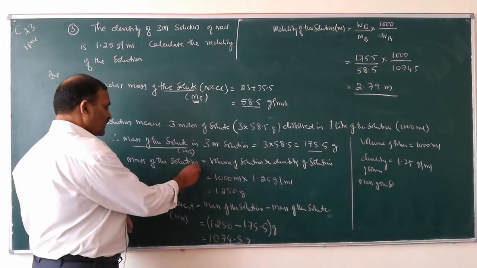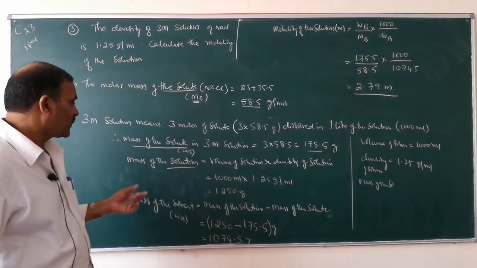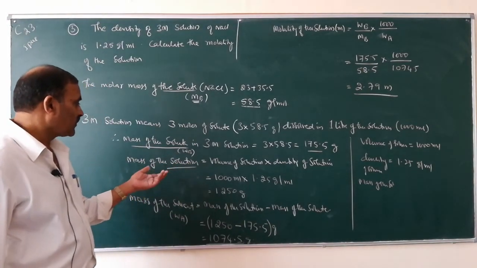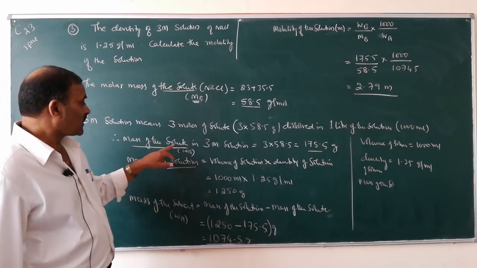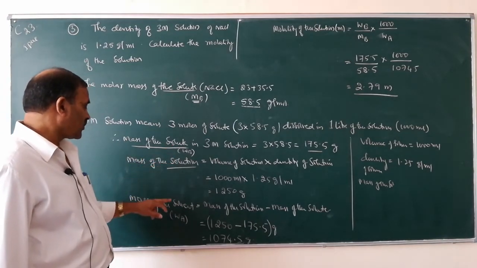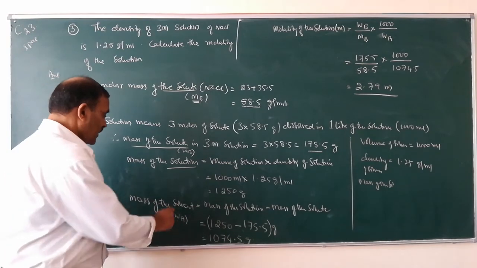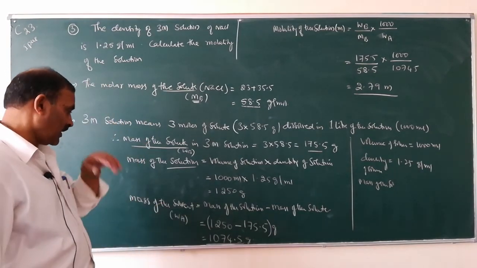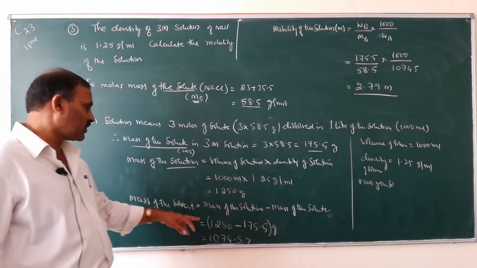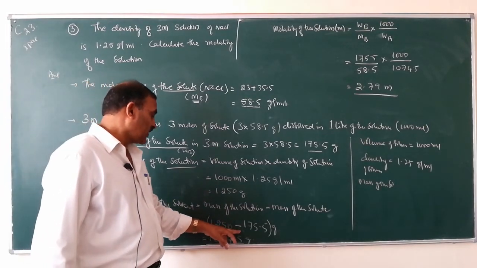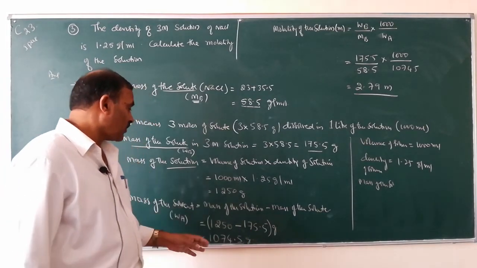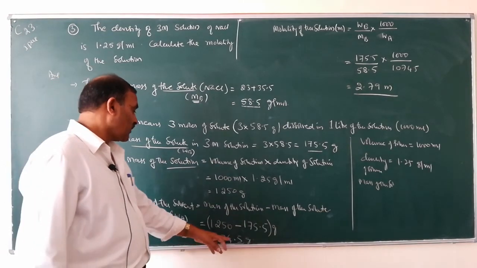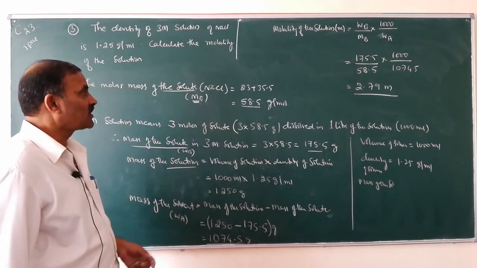If you subtract mass of the solute from mass of the solution, you will get mass of the solvent, because we need it to calculate molality. 1250 minus 175.5 gives 1074.5. This is the mass of the solvent.